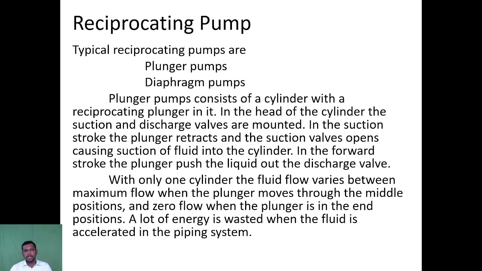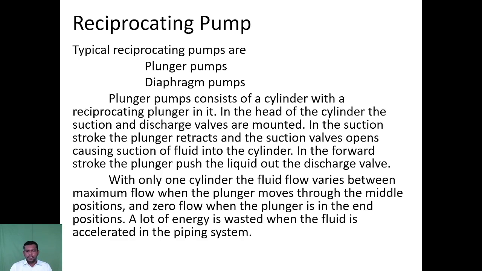In the head of the plunger pump, the cylinder acts as the suction side, and the discharge valves are also mounted. In the suction stroke, the plunger retracts and the suction valve opens, causing suction of fluid into the cylinder. In the forward stroke, the plunger pushes the liquid out of the discharge valve. This is the simple mechanism going on in the plunger pump.